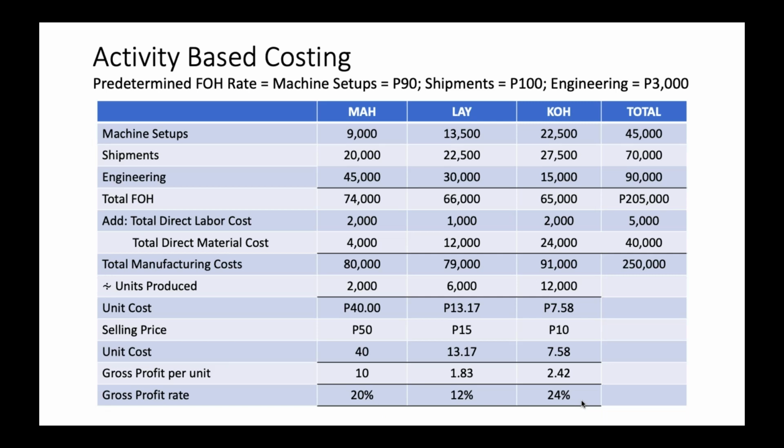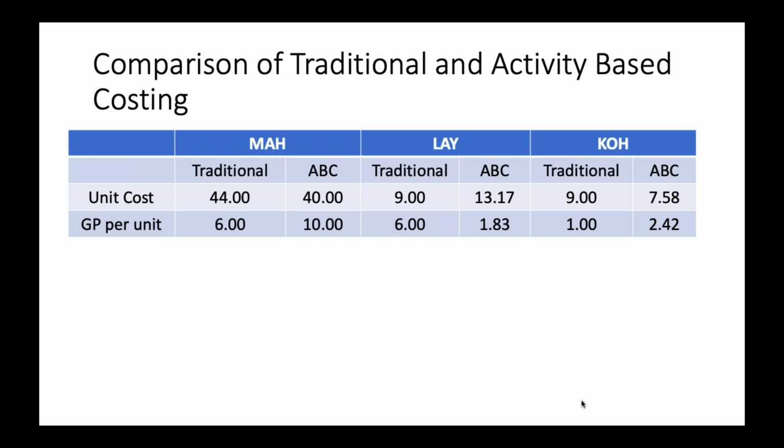Now to better see the impact of using activity-based costing, let's compare the GP rate and GP per unit of each product. The unit cost and the GP per unit.